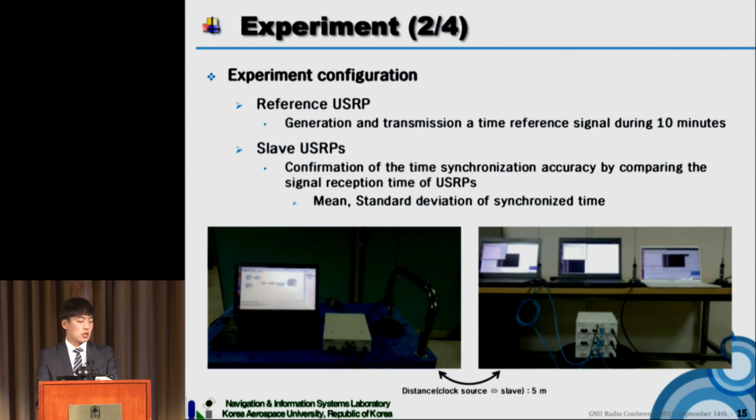The reference USRP generated and transmitted a time reference signal for 10 minutes, which equals 600 epochs. Slave USRPs confirmed the time synchronization accuracy by comparing the signal reception time of each USRP. And synchronized time errors were analyzed by their mean and standard deviation.